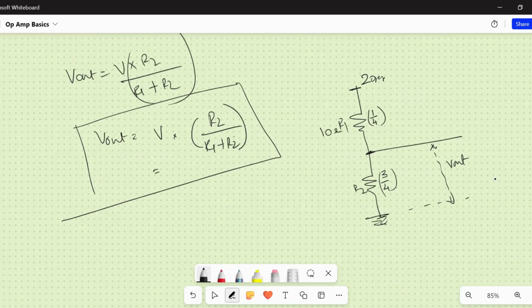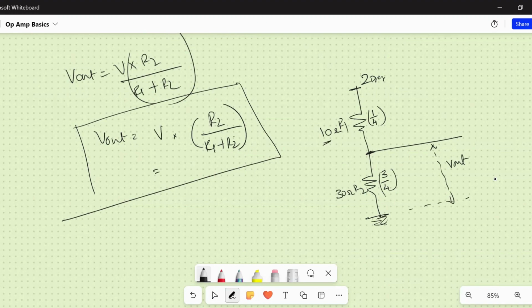If it wants to become 3/4, it becomes 30 ohms, correct? So 1/4 is 10 ohms, 3/4 is 30 ohms.